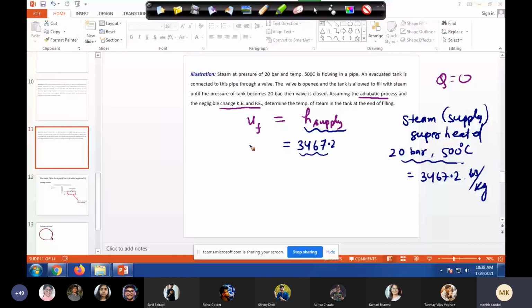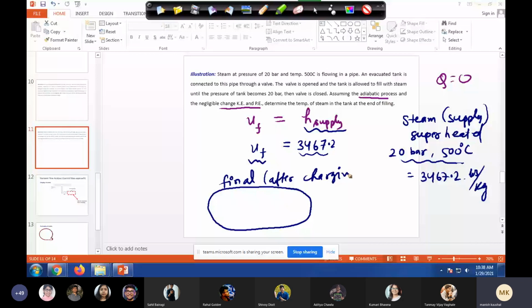Now if we take the final condition of the tank, after charging, we know the pressure of the tank is 20 bar, and we have to find the temperature of the steam in the tank at the end of filling.